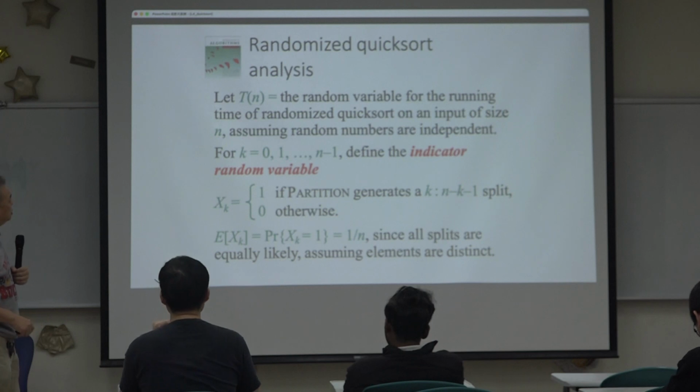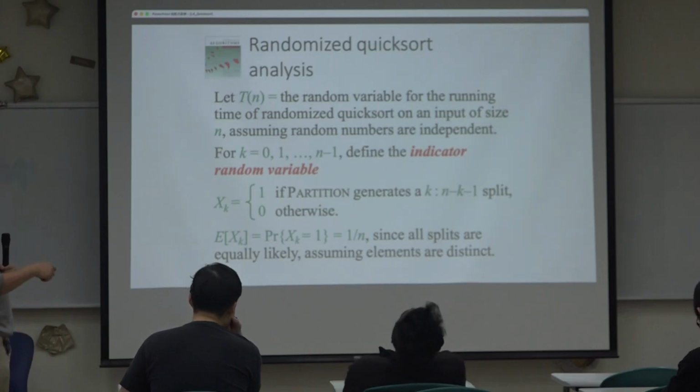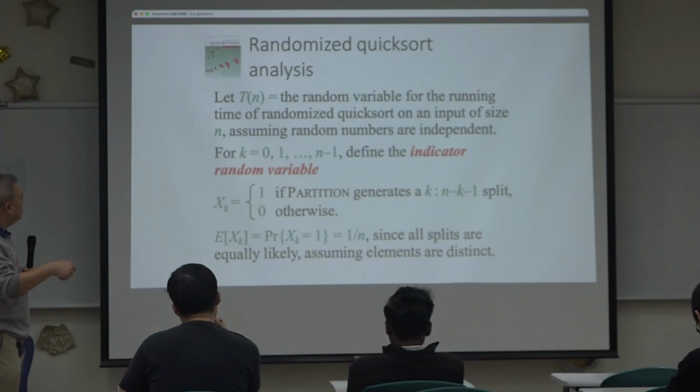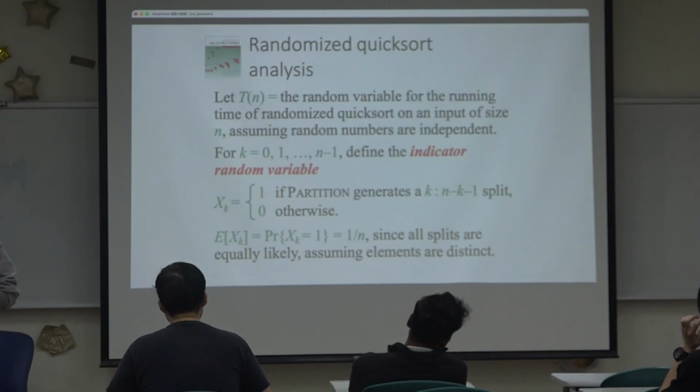So if we assume that, let's do the randomized quicksort analysis. Let P(n) denote the random variable for the running time of a randomized quicksort on an input of size n. Obviously, we are talking about the expected time complexity here.